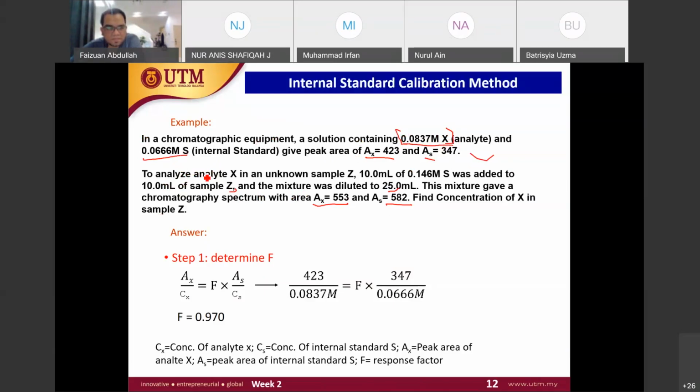Now we want to analyze the analyte X in the unknown sample Z.